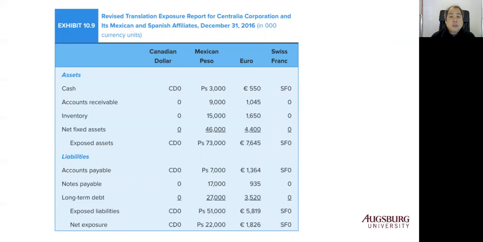One step the parent company can do is convert its Canadian dollar cash deposit into a US dollar deposit. Second, the parent firm can request payment of the 3 million pesos owed to it by the Mexican affiliate. And third, the Spanish affiliate has enough cash to pay off the 375 Swiss franc loan to the Swiss bank.